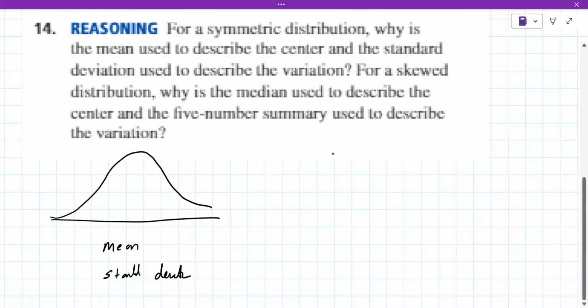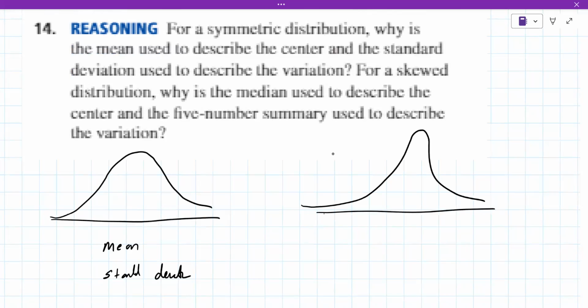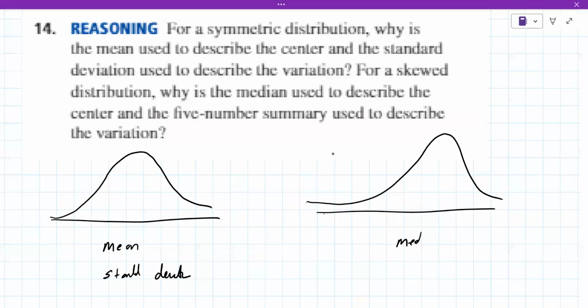And for a skewed distribution, I'll draw a better one. It's got a bigger tail, comes up like that. This one is skewed on the right. We use the median. And this is the 5-number summary.